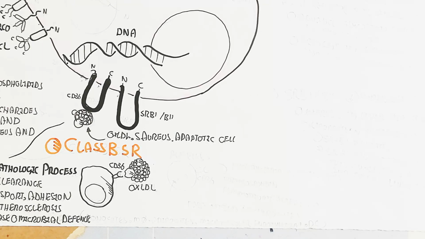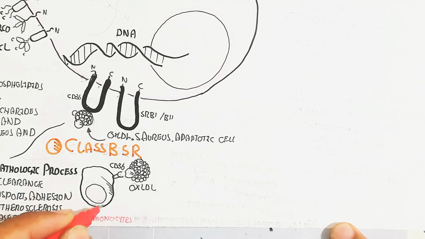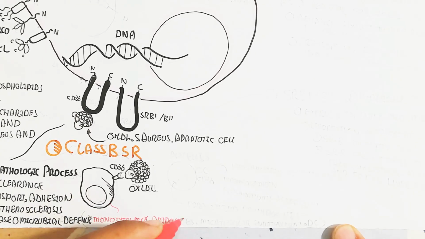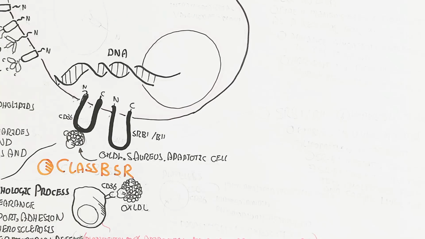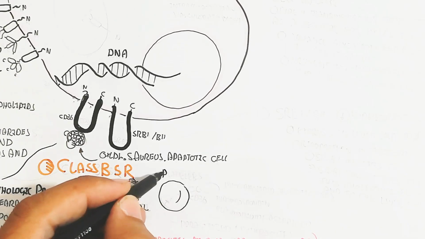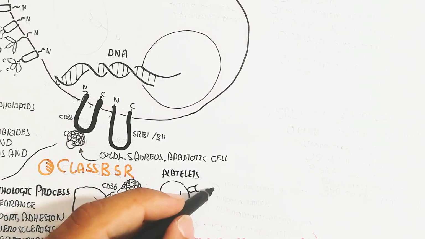Anyhow, this class shows this receptor on the monocyte, macrophage, adipocyte, the fat deposit cell, microvascular endothelium, and dendritic cell.